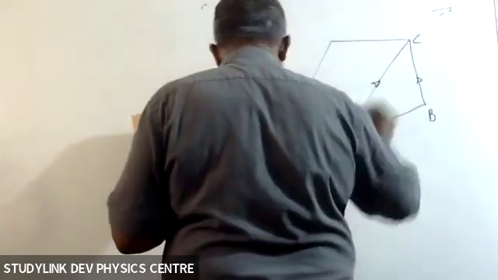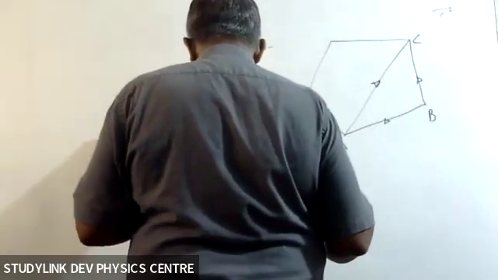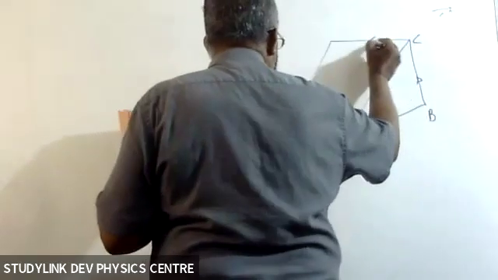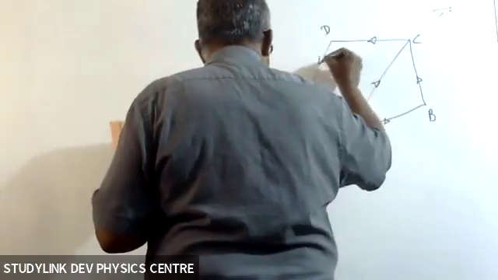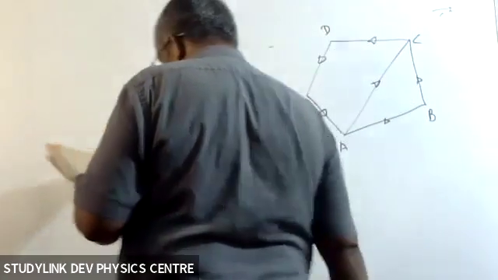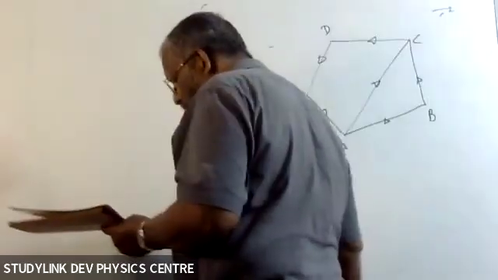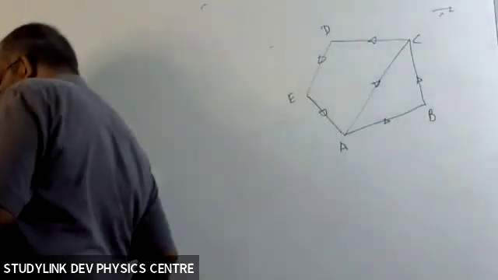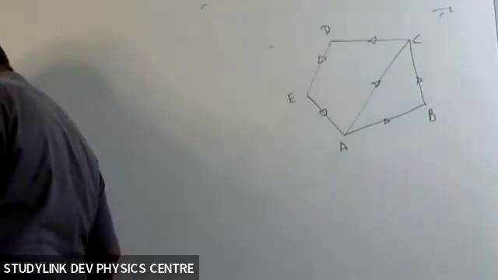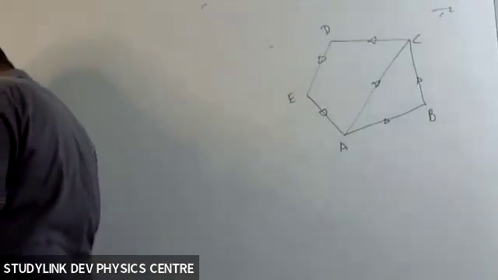Then A, C. Then C, D, D, E, and E, A. Those are the vectors. Yes, first draw it. Then I'll do the question.